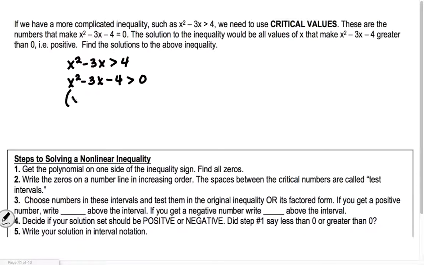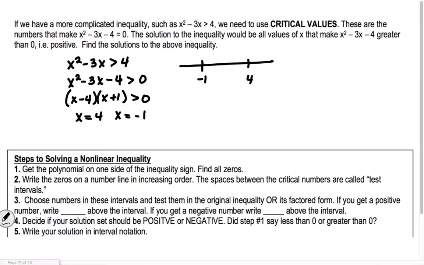So if I factor, I'm going to get x minus 4 and x plus 1. So I get x equals 4 and x equals -1. When I put those on a number line, I'm going to test in each location. But I want you guys to be even smarter than just memorizing a process. I want you to think about what this means.